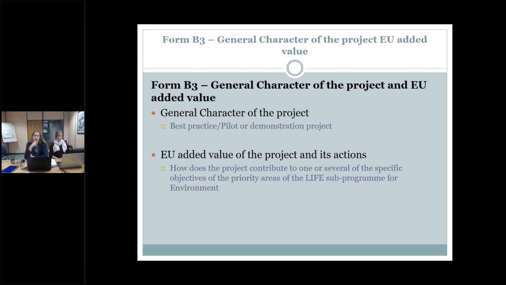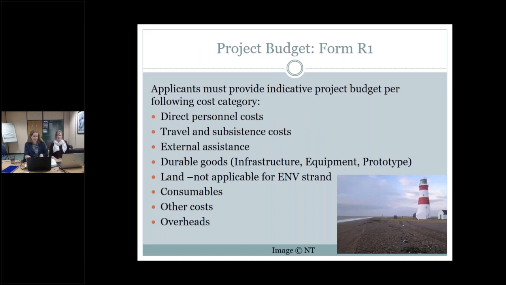You need to look at the conservation status at national level, so at UK level, and at EU level, which is very important, and use the latest Article 17 report for that. So you need to bring in the bigger picture, the bigger context. Demonstrate how the project links to EU environmental policy and how the project will support implementation, update, and development of this policy.